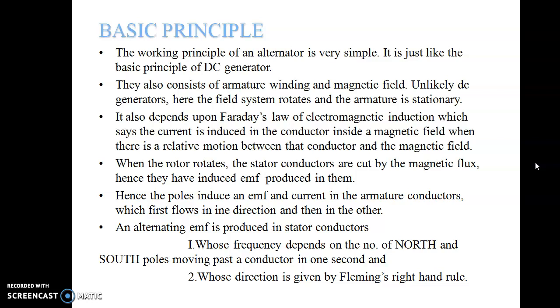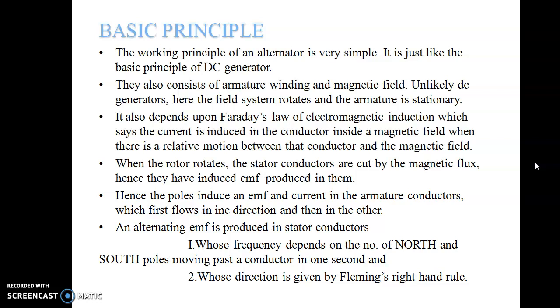Hence the poles induce an EMF and current in the armature conductors, which first flows in one direction and next in the other direction. Be very clear. This EMF flows in one direction, that is the positive half cycle, and then in the other direction for the negative half cycle.